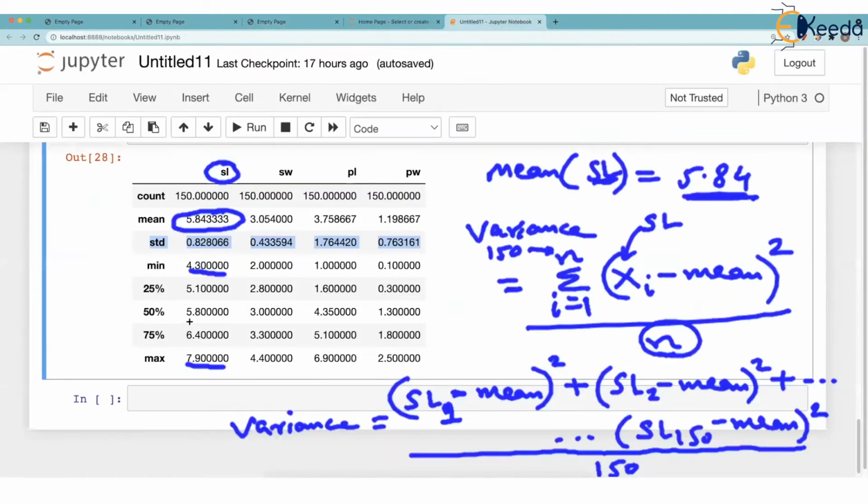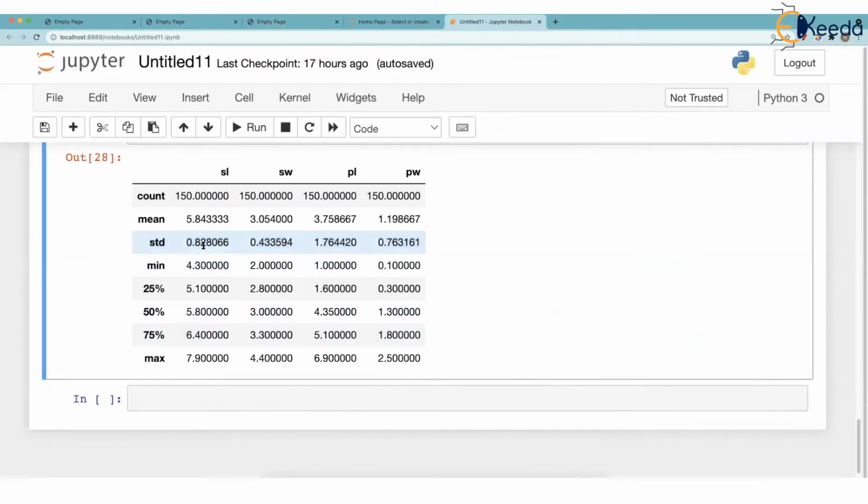So let's see the standard deviation of petal length. Observe, it is very high, 1.7. Whereas the standard deviation of sepal width is lowest.